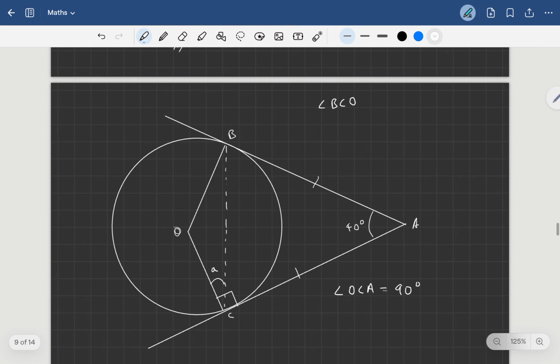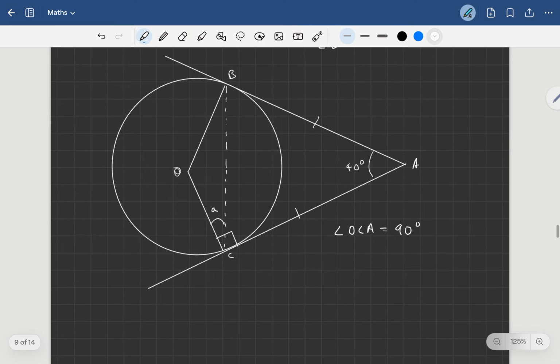Same thing applies here. C and B are the points where the tangents meet the circle, and A is the point where the tangents meet. So let's write this down. BA is equal to CA. Because of that, we know that triangle BAC is isosceles. Apologies for the bad handwriting.